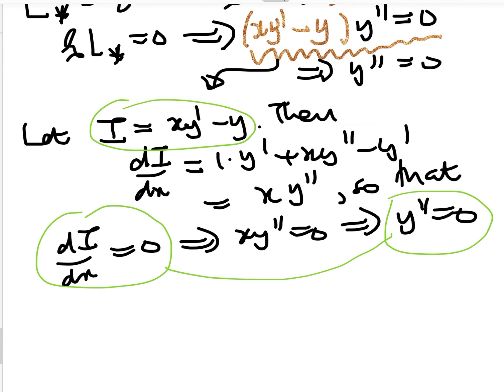So it turns out that this non-trivial factor we get up here, coming from the Euler operator on the Lagrangian equal to 0, is in fact a first integral for the very same equation. So here already there's a strong suggestion that there's a relationship between a first integral and a Lagrangian.